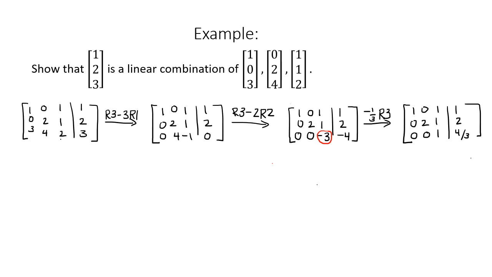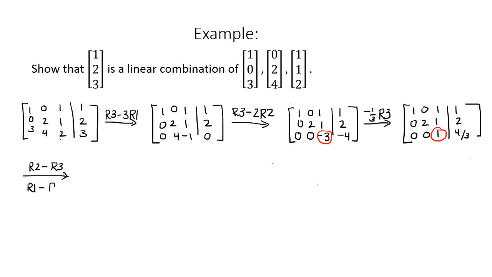Okay, now it's time for some back substitution. So we're going to be clearing out all of the values above this pivot just by subtracting copies of row 3 from row 2 and row 1. We can do this at the same time since we don't have any dependencies.